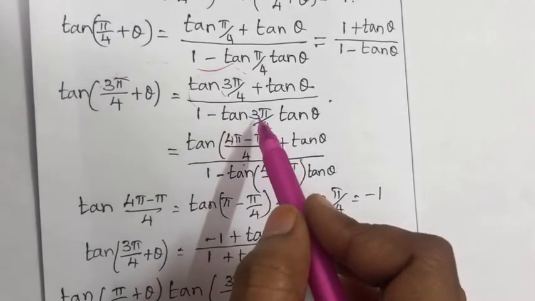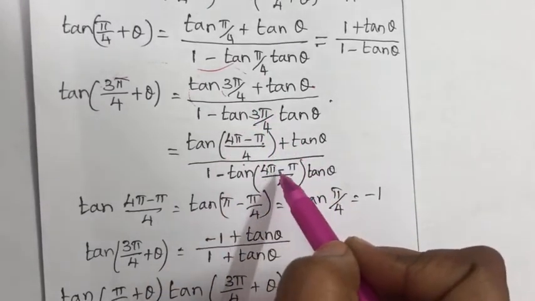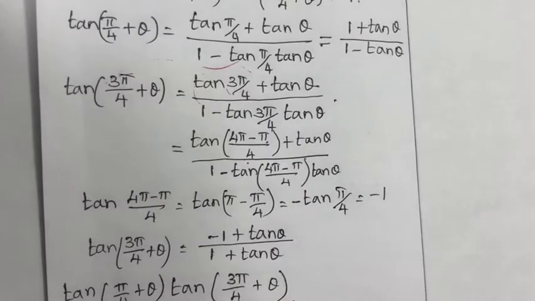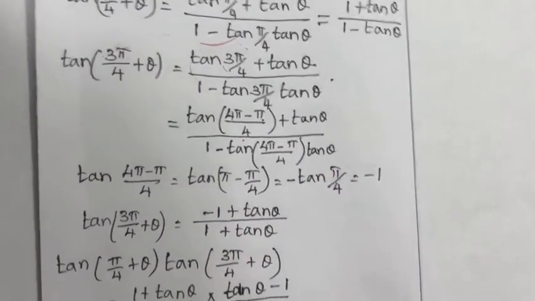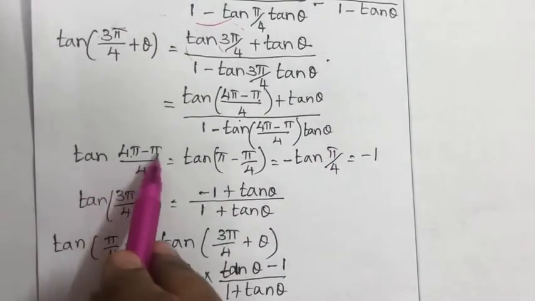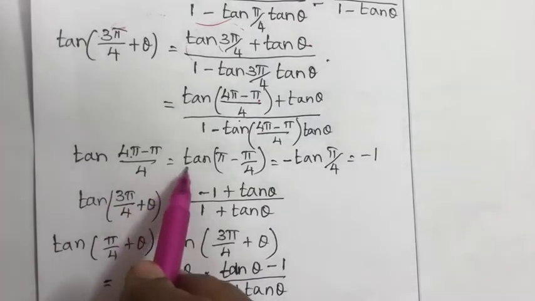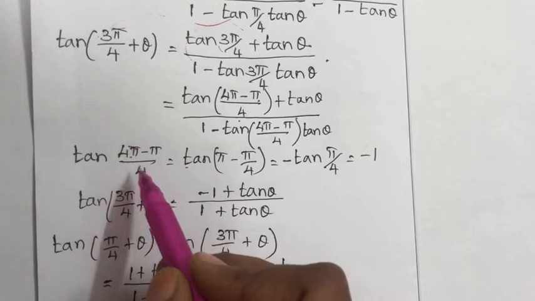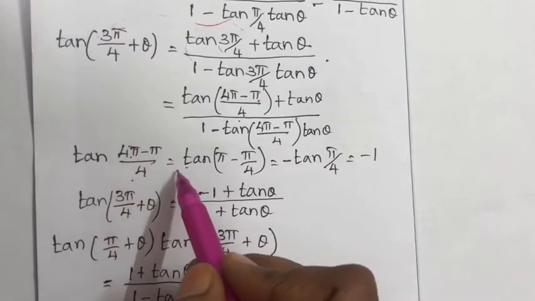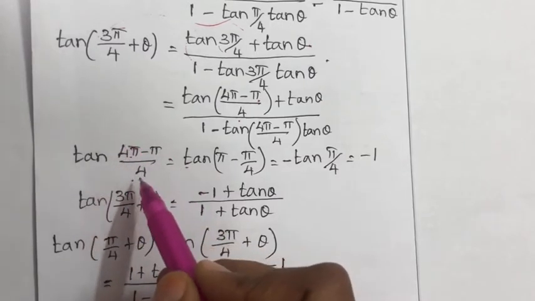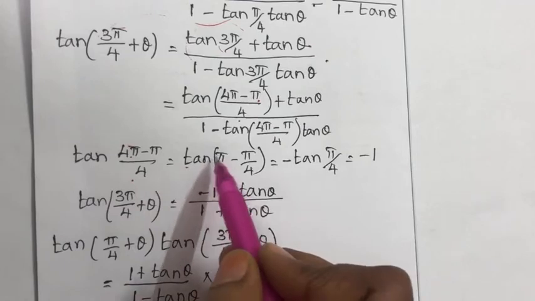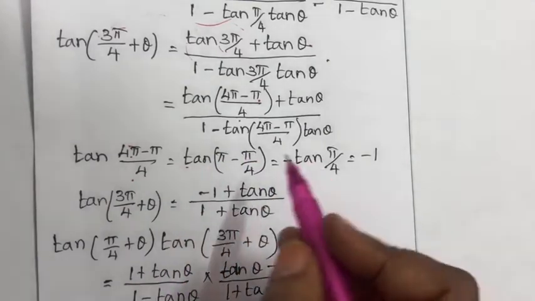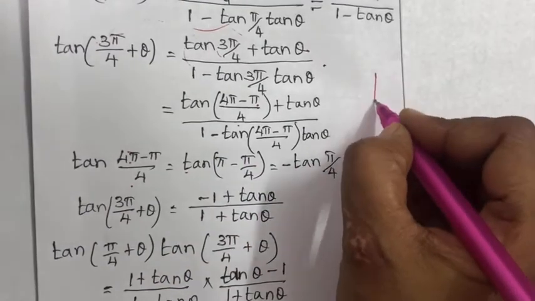Similarly, in the denominator, 3 pi by 4 can be written as 4 pi minus pi divided by 4, into tan theta. Okay, what is tan(4 pi minus pi by 4)? While writing separately, it will become tan(4 pi by 4 minus pi by 4). 4 and 4 will get cancelled and it is tan(pi minus pi by 4).